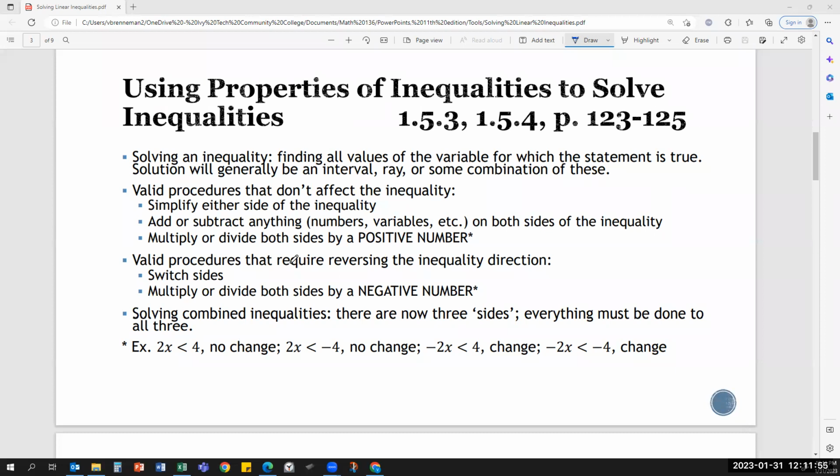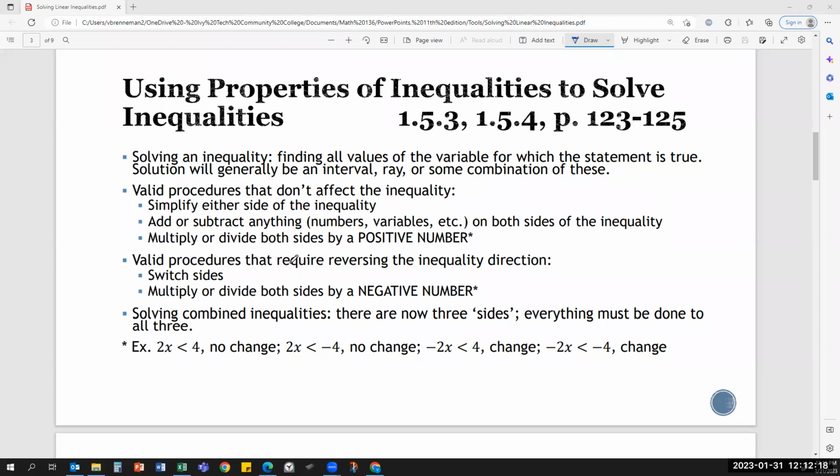All right, so the process for solving the inequality: you can simplify either side of the inequality, you can add or subtract anything on both sides, and you can multiply or divide both sides by a positive number. You don't want to multiply or divide both sides by anything with a variable in it, ever, with inequalities.